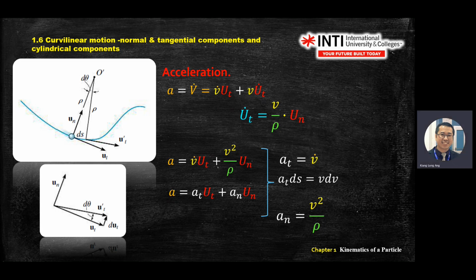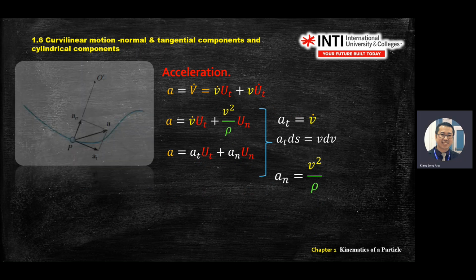Yeah. So you have three equations, including a ds equal to v dv. This equation is important for collinear motion. You memorize this one; for any curvature motion, it will help you to solve. Okay, derivation you can forget, but it's important you get this equation.